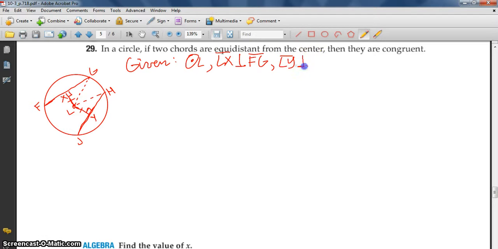LY is perpendicular to JH, and LX is congruent to LY. Then we want to prove that FG is congruent to JH. That our two chords are congruent.